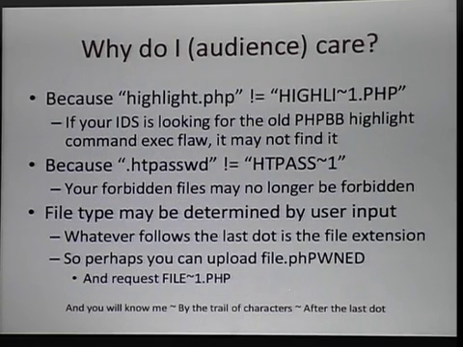So why do you care? Let's say your IDS is looking for the old phpBB remote command execution in highlight.php, and it's looking for highlight.php specifically as part of what's bad. But it's on the network, and we're not expecting it to actually check the file system of what it's supposed to be protecting, so we use the 8.3 alias for it.